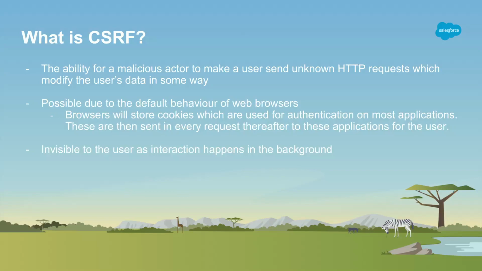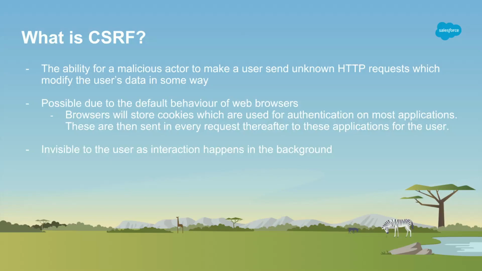So at the highest level, what is CSRF? Basically, it's a malicious actor, someone out there on the web, who unknowingly to a user will get them to post some sort of HTTP request back to my site, your site, anybody's site, that ultimately is going to modify that person's data without them ever knowing about it.